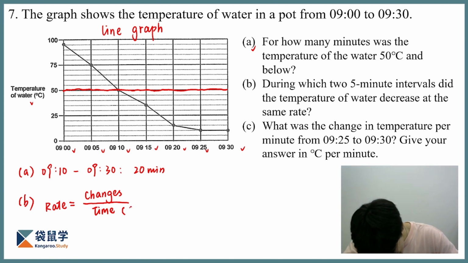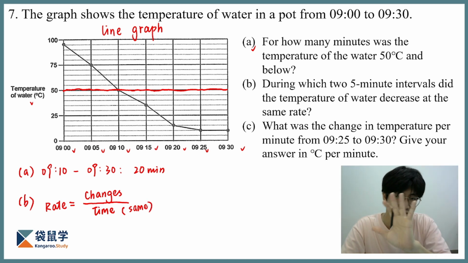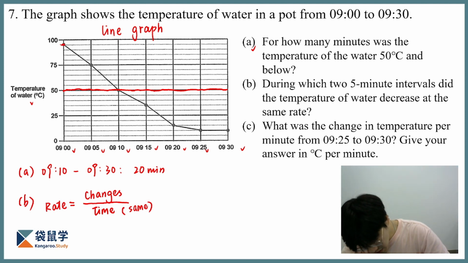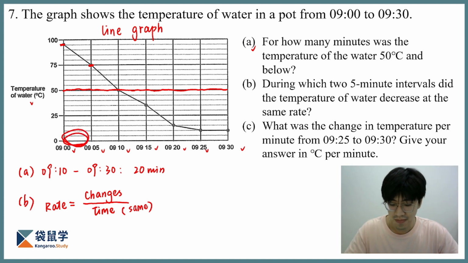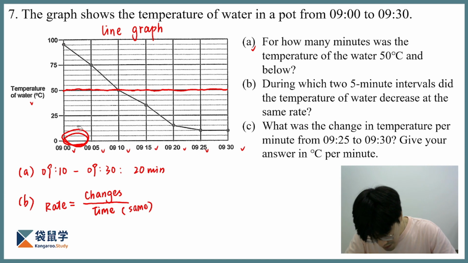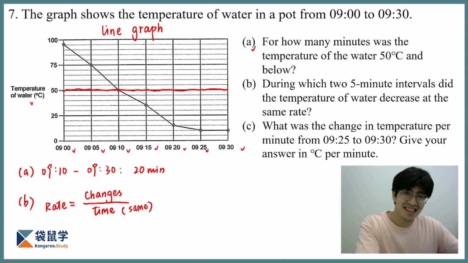So because the time is always the same, I don't have to worry about it. Then what about the numerator, the change? Do I have to subtract these values to know the change for this interval, and then perform this operation for all 6 intervals?